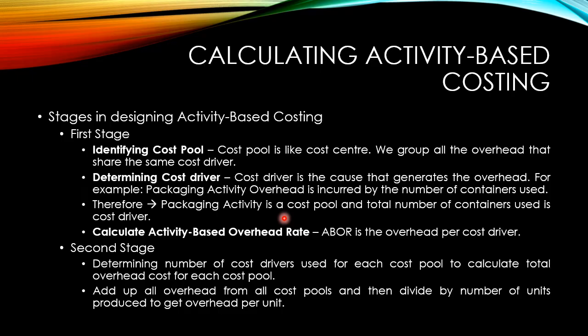Okay, but for activity-based costing, we will have an absorption rate for each of the cost pools. So once we have determined the ABOR or the activity-based overhead rate, then we can calculate the total overhead for each of the products that we produce.